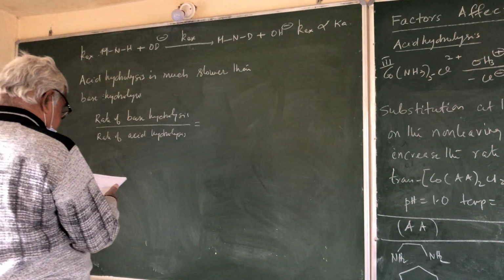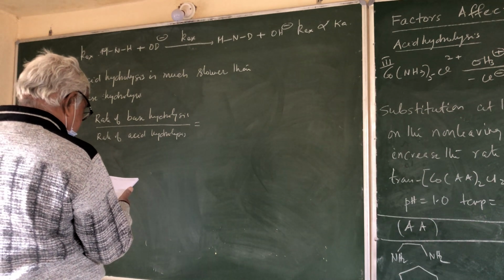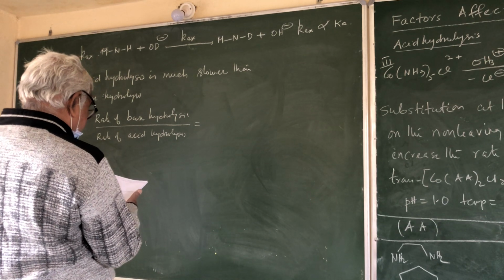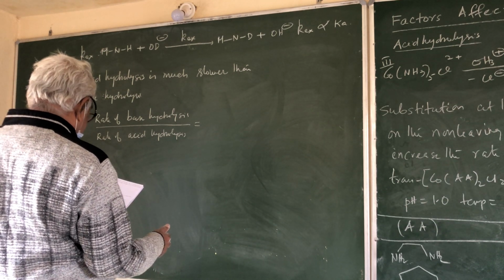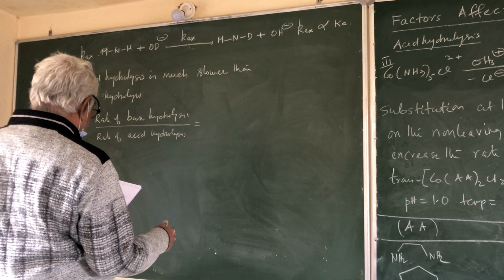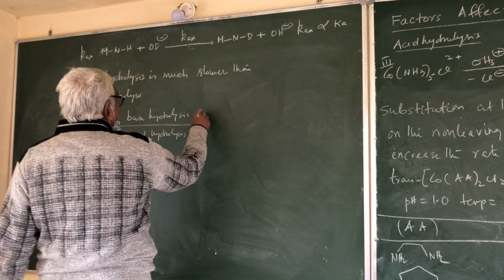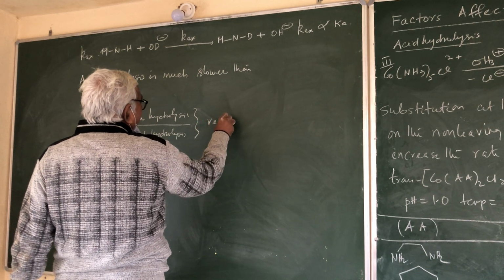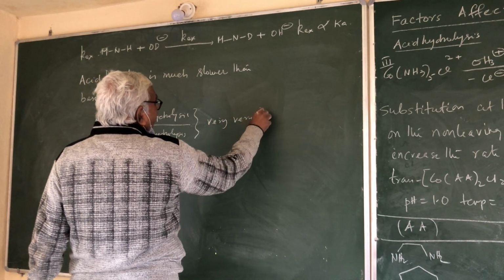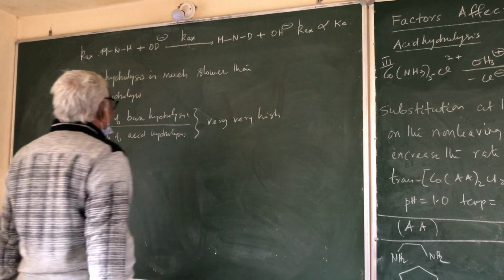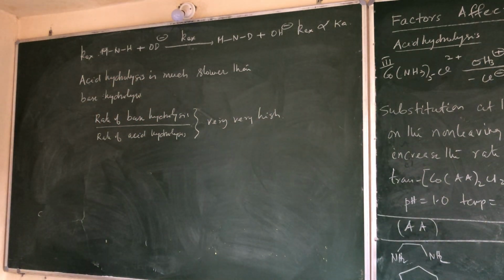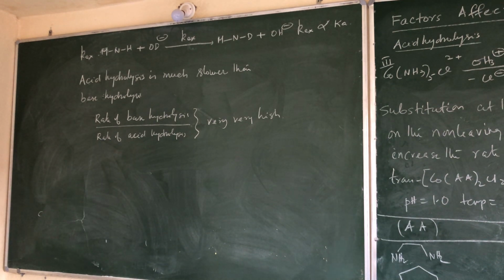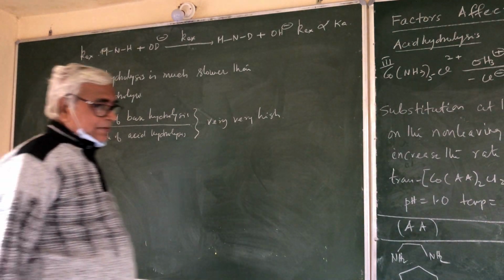This ratio is very high. The base hydrolysis rate constant is much higher than that of acid hydrolysis. Why is this happening?